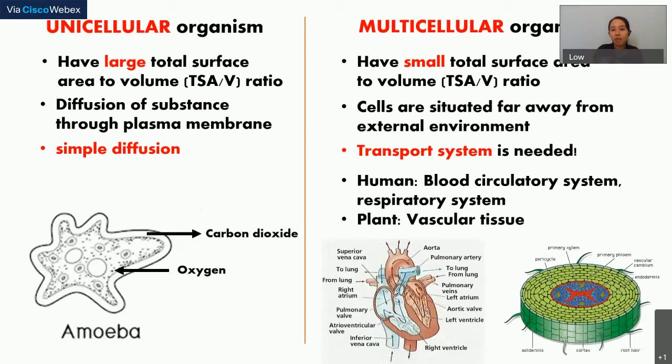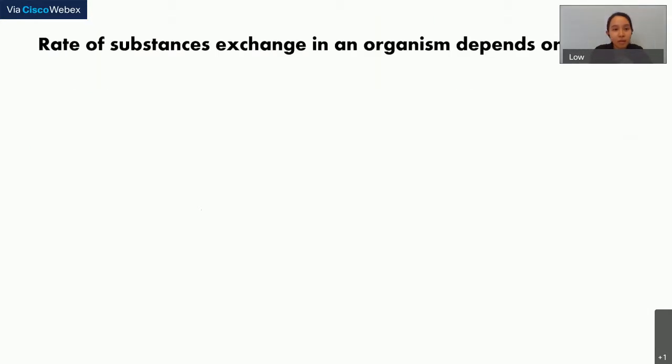But multicellular organisms have a smaller total surface area to volume ratio, and the inner cells are located far away from the external environment, so they need a transport system. In humans, the transport system includes the blood circulatory system and respiratory system, while plants use vascular tissue, which is xylem and phloem.